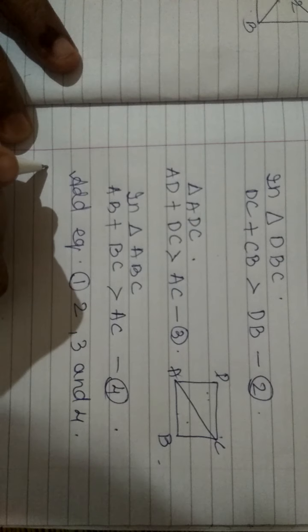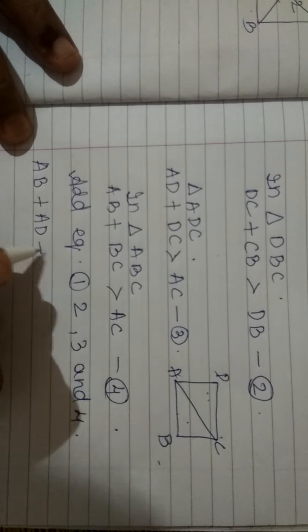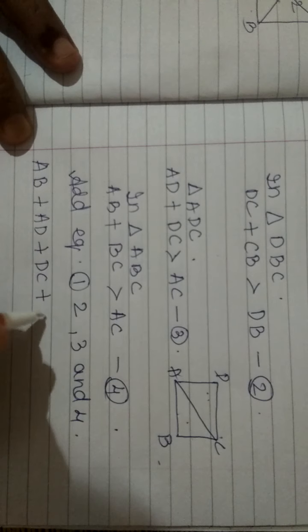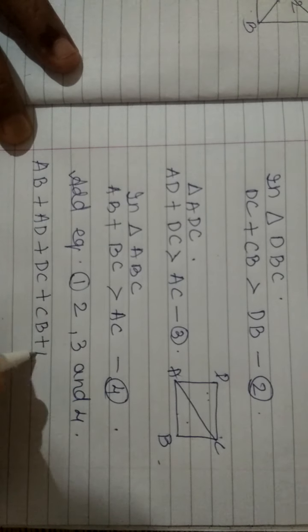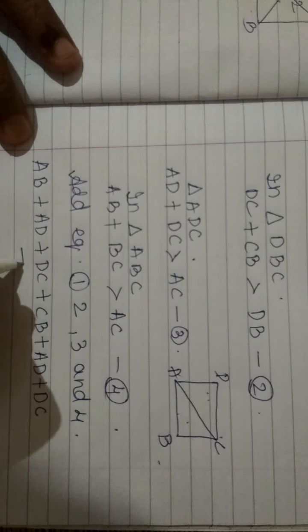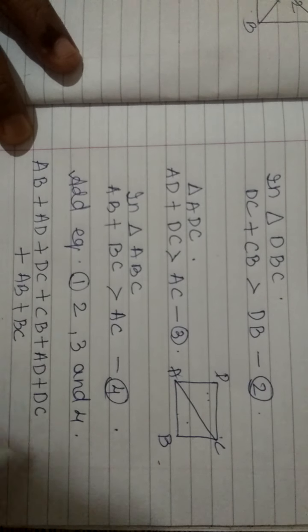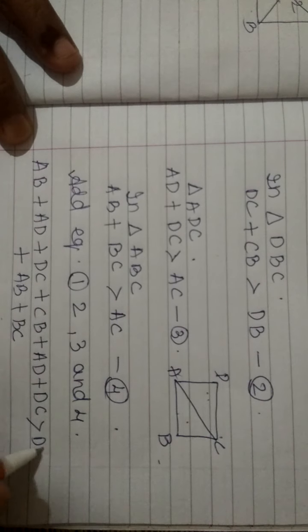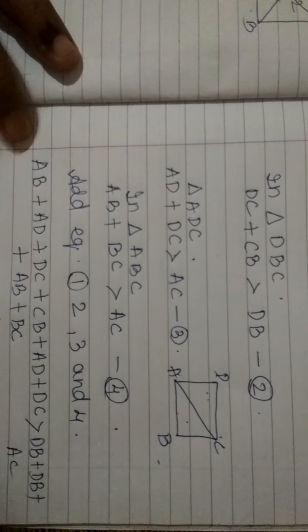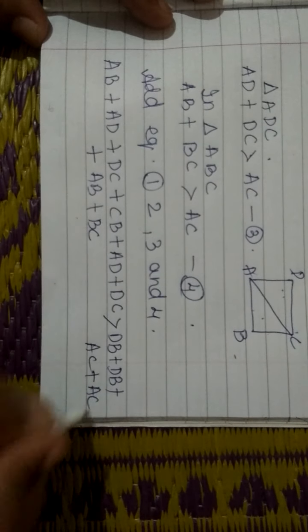It will be AB plus AD plus DC plus CB plus AD plus DC plus AB plus BC is greater than DB plus AC plus AC.